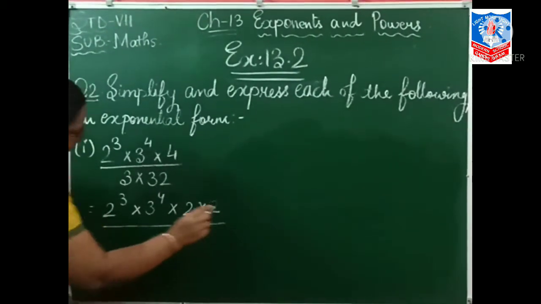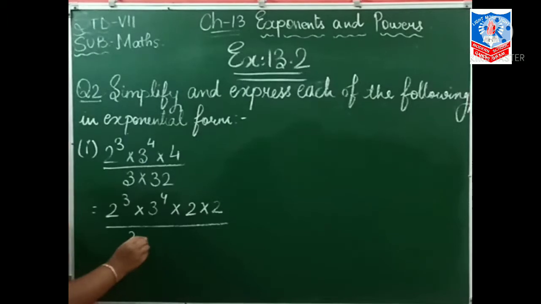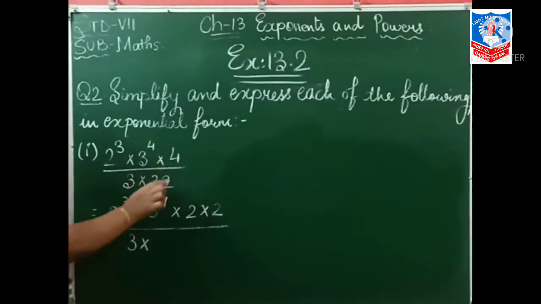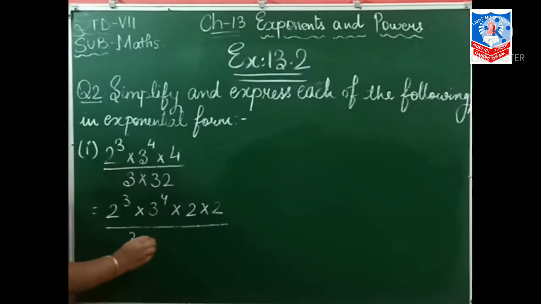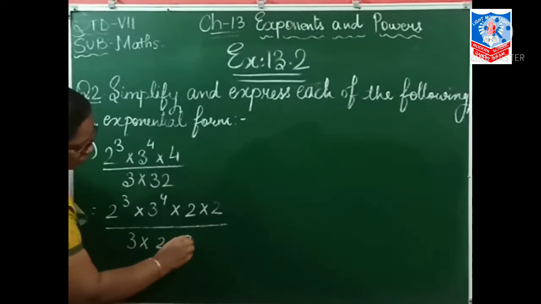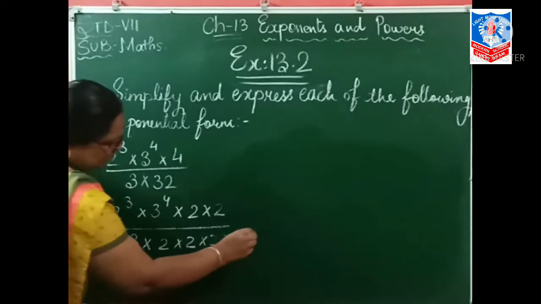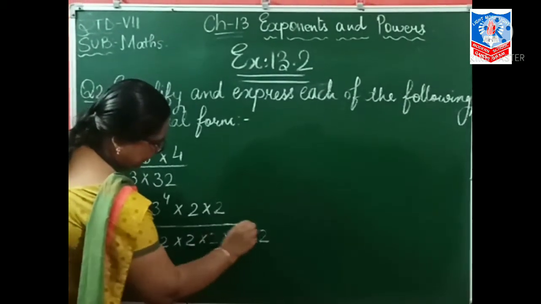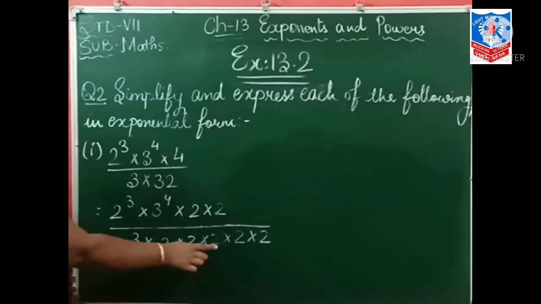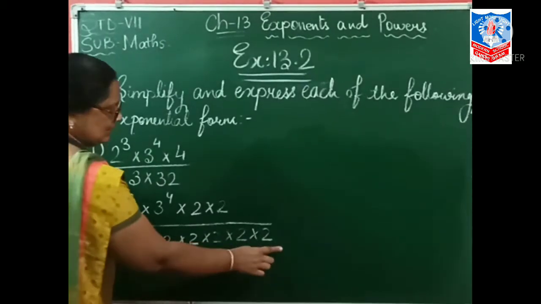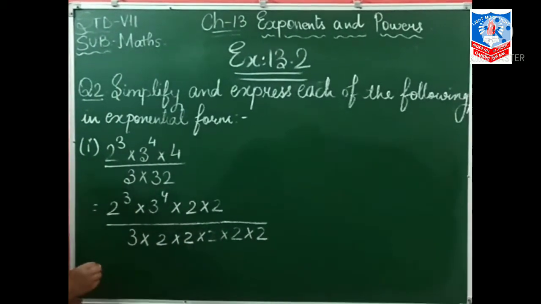Divided by 3 into, again we will break this 32: 2 five times, 2 into 2 into 2 into 2 into 2. See, 2 twos are 4, 4 twos are 8, 8 twos are 16, 16 twos are 32.